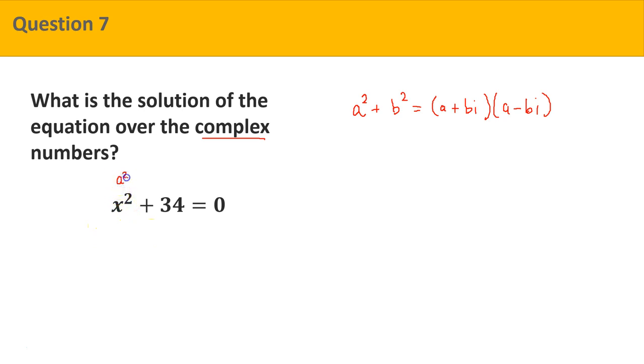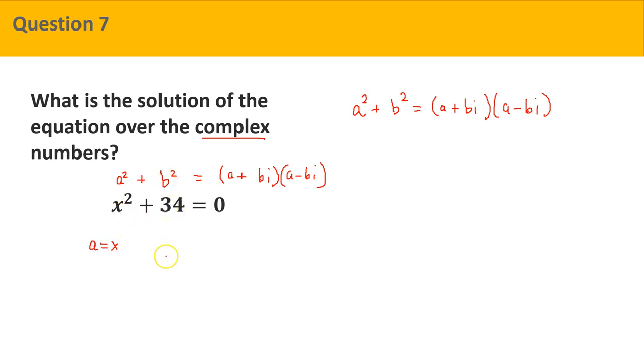So if we say a squared plus b squared equals a plus bi times a minus bi. Okay, what is a going to equal? If we look at this one and this one, a is going to equal x.